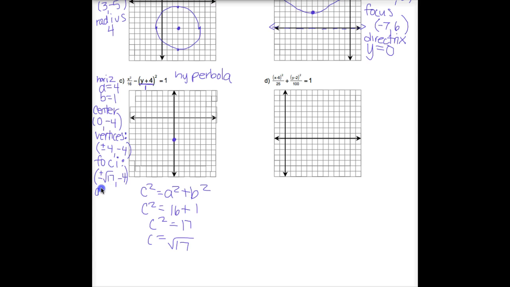Now I just need my asymptotes, and these ones are a little trickier. I know that my asymptotes have to go from the center. Since my center y-intercept is at -4, that's going to be the intercept of my asymptotes. So now I just need the slope. Remember, the slope is always the y value over the x value, using the square roots.